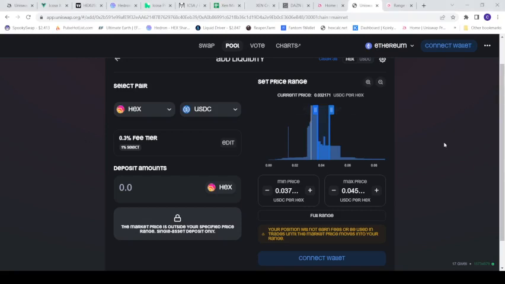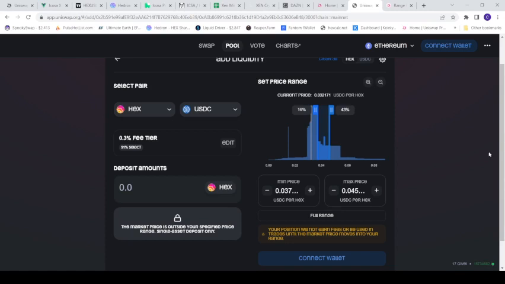Today I'm gonna do a video about the basics of providing liquidity on Uniswap v3. So I'm just kind of new into looking at this, so be sure to do your own research before actually making a liquidity position.